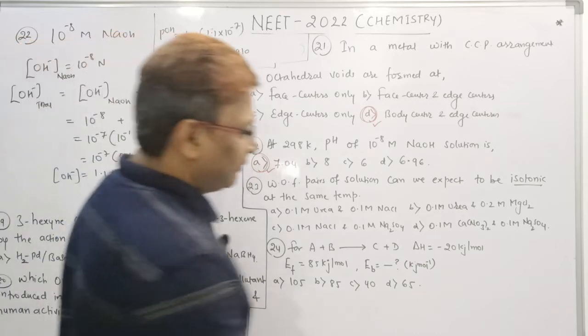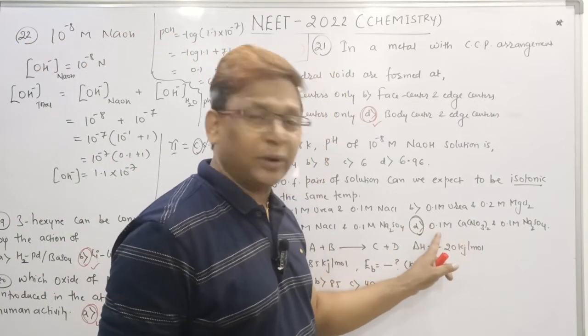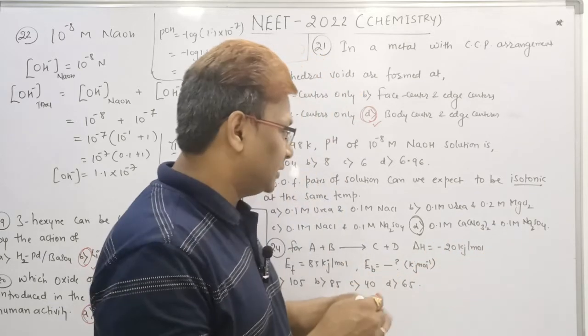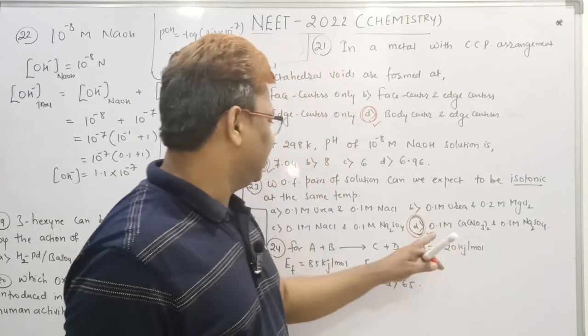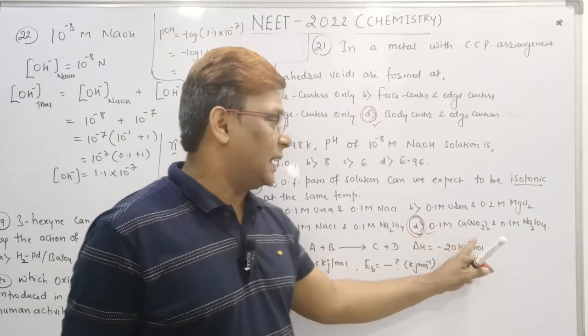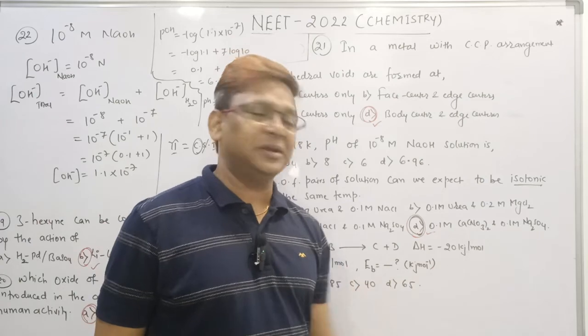Based on that, option D: I am getting 3 into 0.1, 0.3, and here also 3 into 0.1, 0.3. So option D is correct. It is the pair of solutions we can expect to be isotonic at the same temperature, meaning they have the same osmotic pressure.